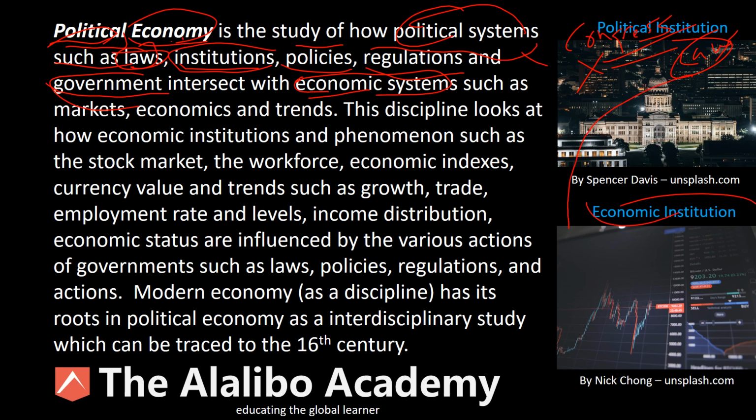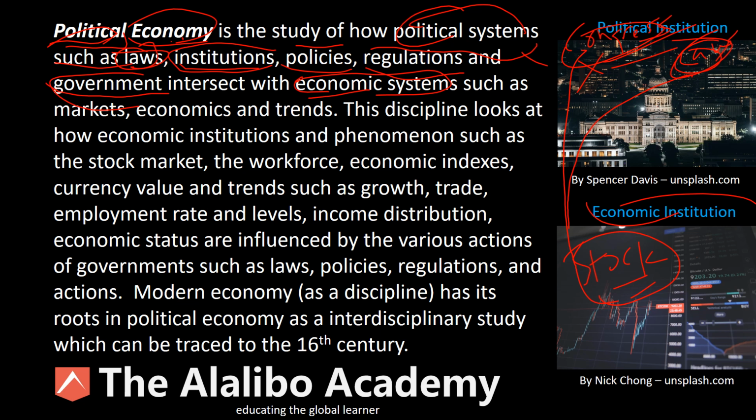This is the stock market as an example of an economic system, the financial markets. So how laws that are made in Congress impact the financial market, the labor market, distribution of goods, employment rates, currency values, and so forth. That essentially is political economy. All right, so let's move on.